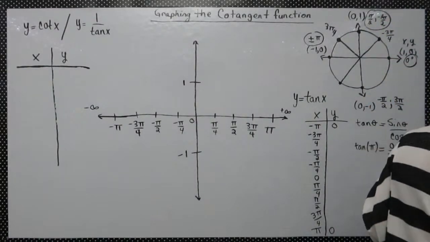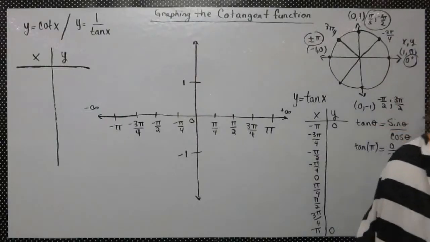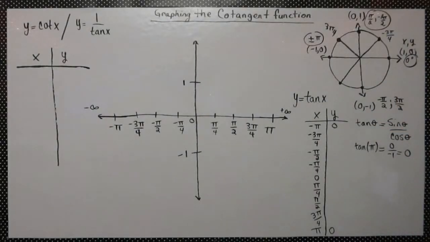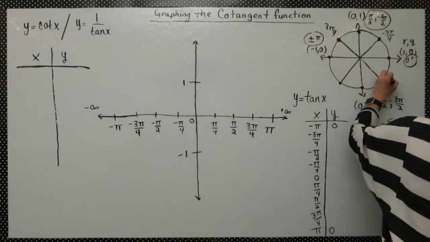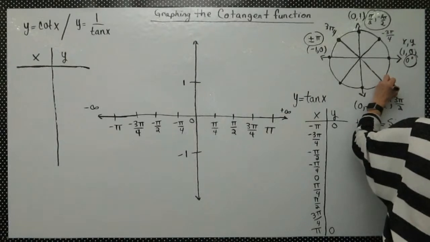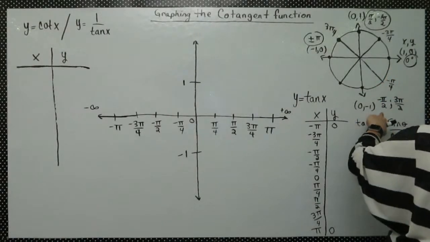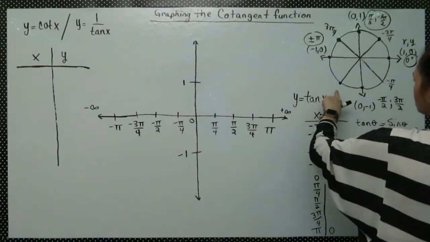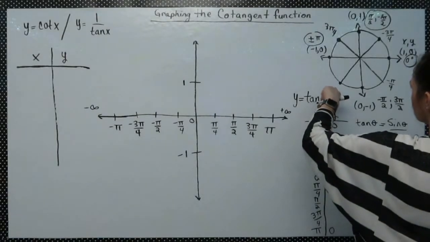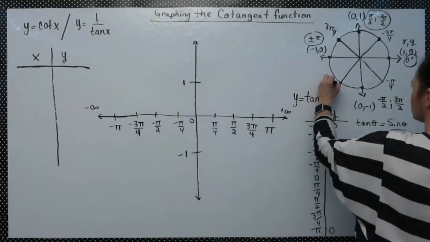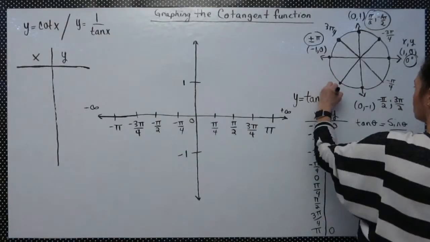And I erased it, but let's go ahead and double check. Is that my negative 3 pi over 4? Let me think about it for a second. So I've got negative pi over 4, negative pi over 2, negative 3 pi over 4 is down here.